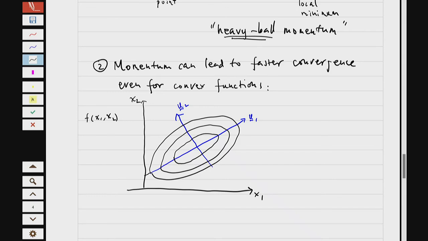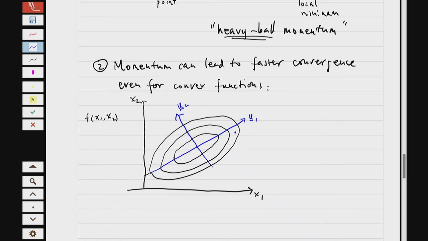Now the gradient is always perpendicular to the contour lines, right? Because the gradient is the steepest ascent direction, so it's perpendicular to the contour lines by definition. So if you look at the gradient and then do gradient descent, let's say we are starting from somewhere here.